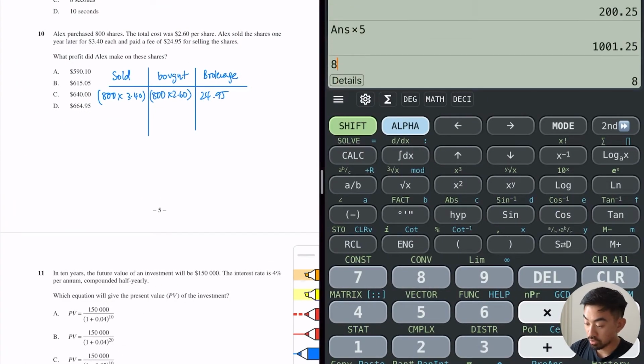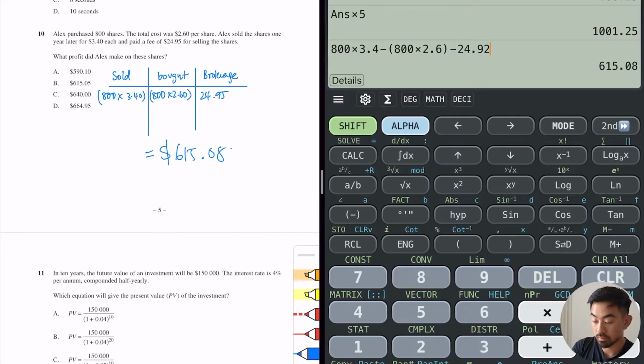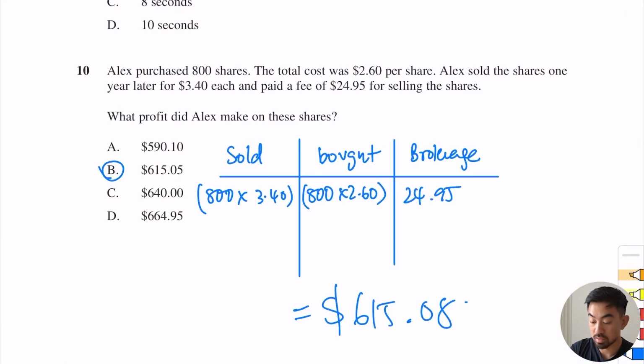So what do I have? 800 times $3.40 minus 800 times $2.60 minus the brokerage, $24.95, and that leaves me with $615.08. So my answer here is 10B, or 5 I should say.